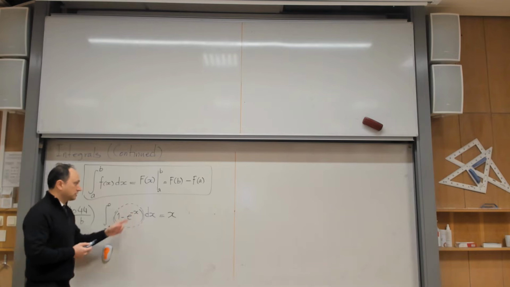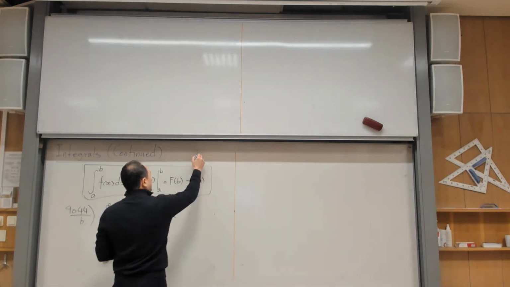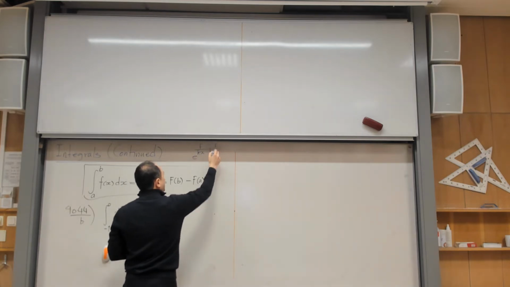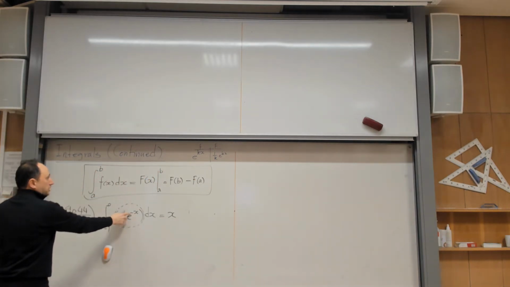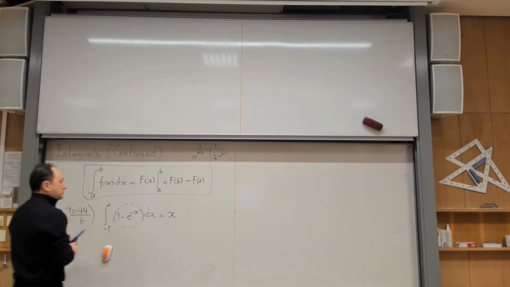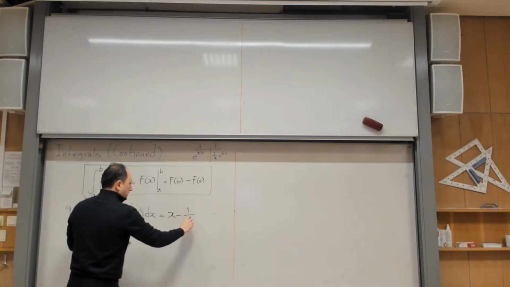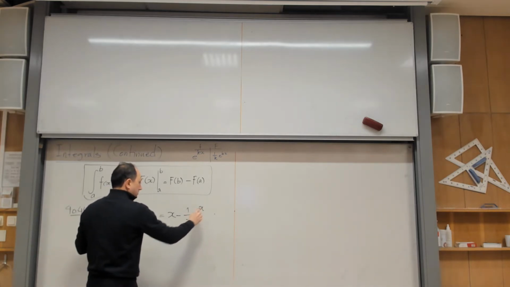And a primitive function for e to the power minus x, let me remind you, so if you have e to the power kx, if this is your f, the primitive function is 1 over k times e to the power kx. But what is playing the role of k in this problem? It's minus 1. So it becomes minus 1 over k e to the power of kx.